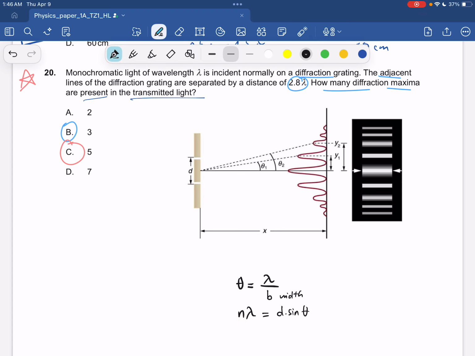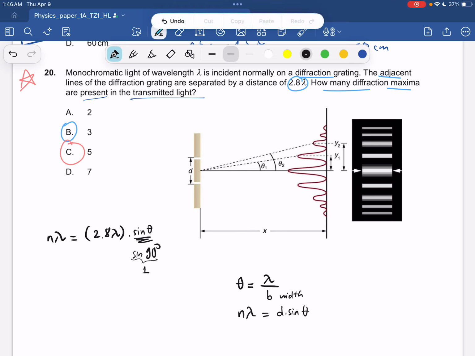So for example, here we have n lambda equals 2.8 lambda times sine theta, and the maximum angle can go up to 90, right? So sine of 90 is 1, right? So you can see that when the angle is 90, you don't have this one qualified, right?